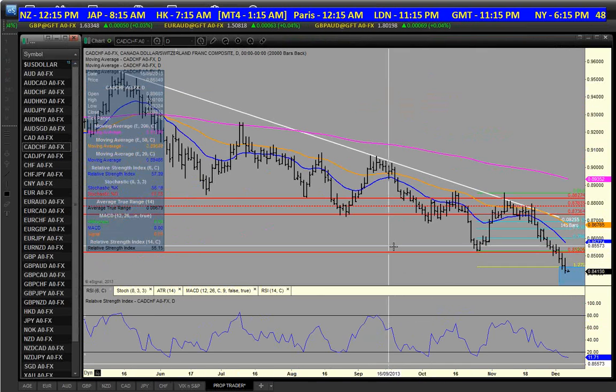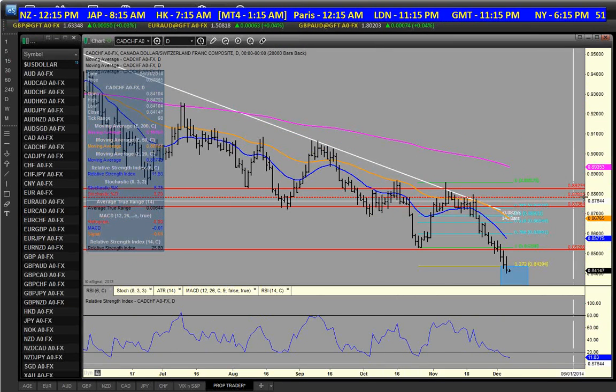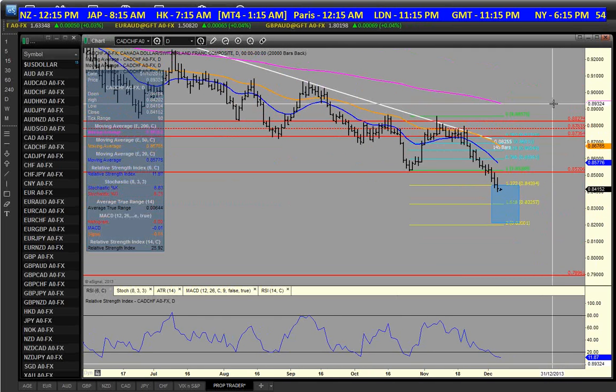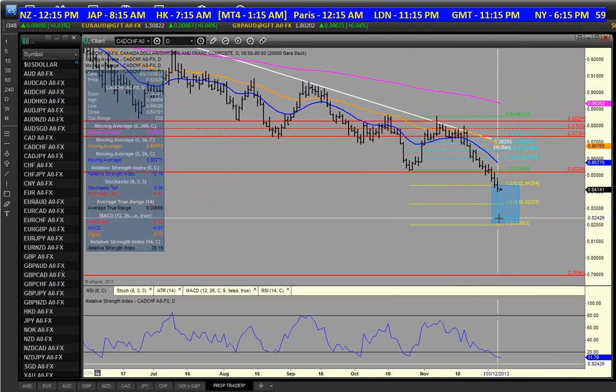This one, in the blue box, in the blue room, we've finally got into there. Sellers still dominating though. I think the CAD, judging by the Aussie Swiss, is Swissy strength rather than continued CAD weakness.